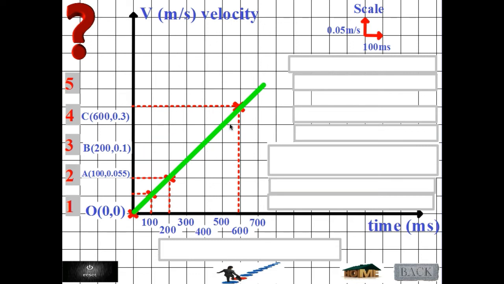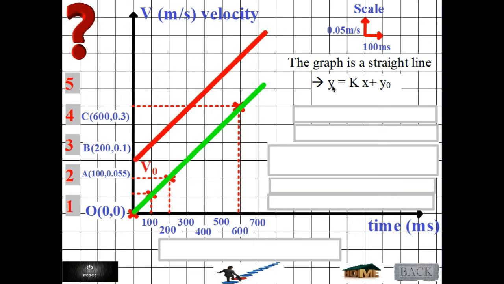Okay, as we said, this one is a straight line. So the equation of a straight line is what? The equation of a straight line is y equals ax plus y0. But now here, the y-axis we are using as velocity, and the x-axis we are using as time.